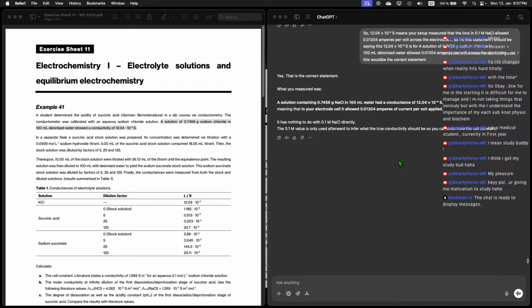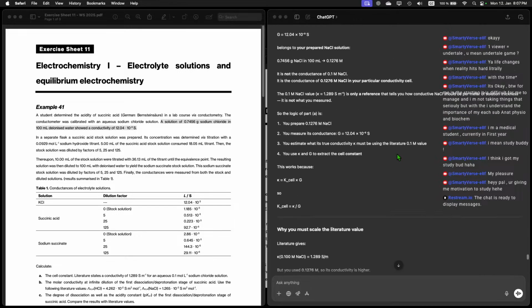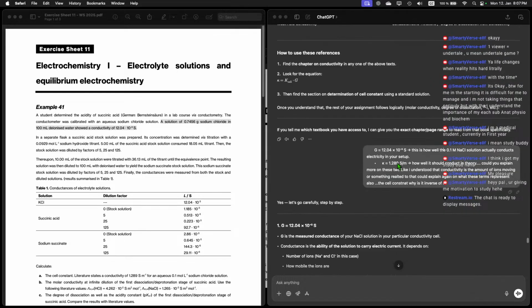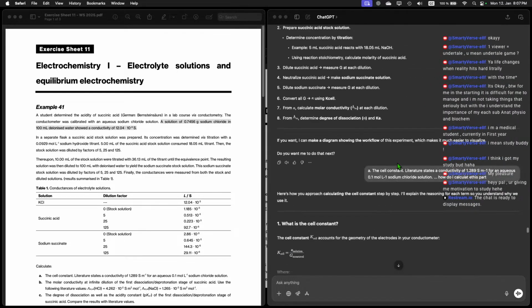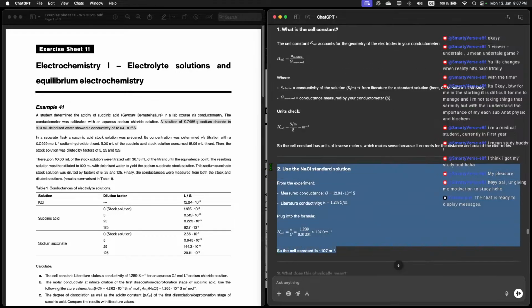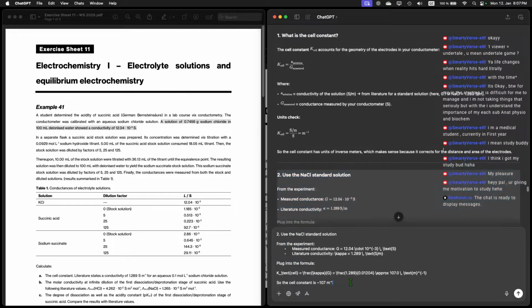So now the cell constant. Come on. Okay, I got this value.